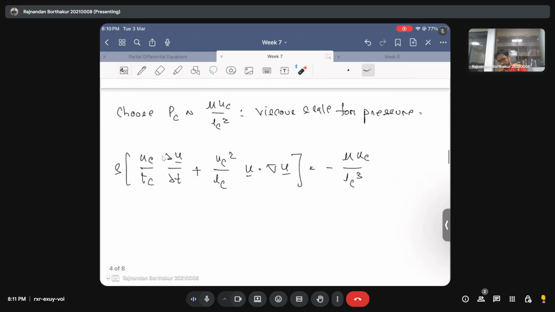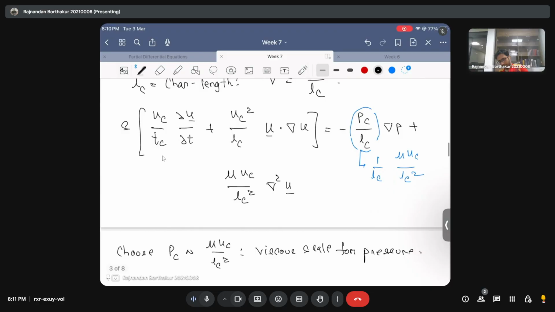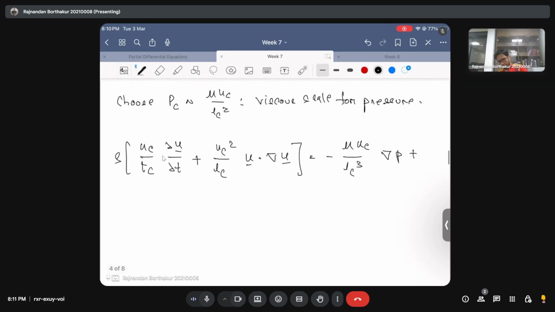Okay, and then this is going to be gradient of pressure plus I'm going to have this term mu UC by LC squared. Okay, which is mu UC by LC squared.